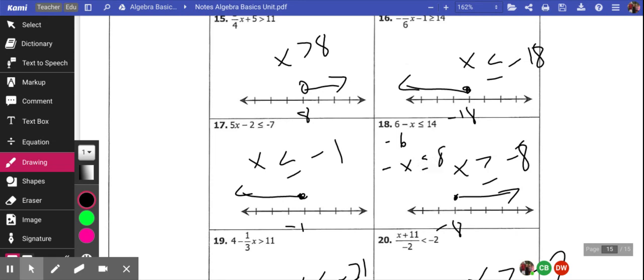Then remember, dividing by a negative 1 is getting rid of that. Since we're dividing by a negative 1, it changes the sign on everything. And so then we have to remember to flip this sign because you're dividing by a negative.